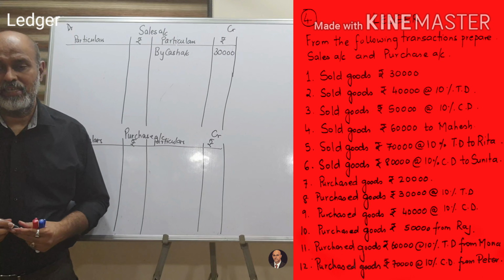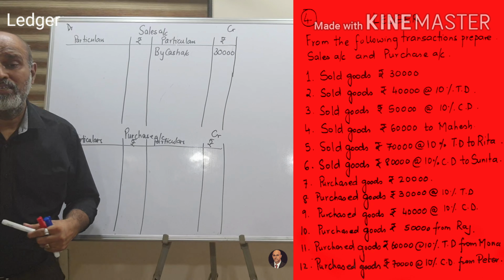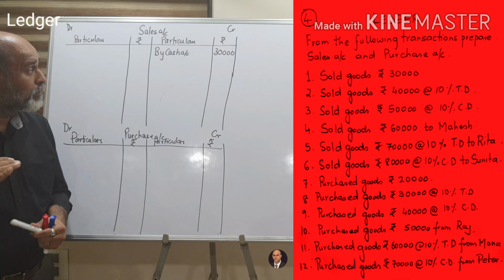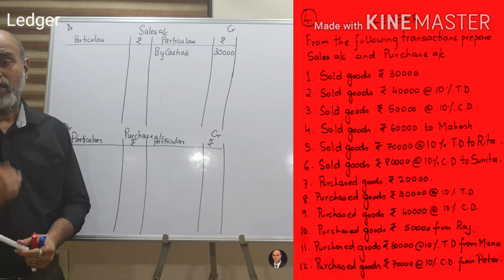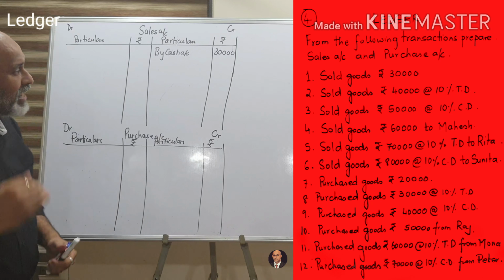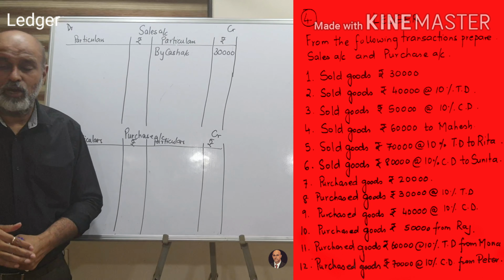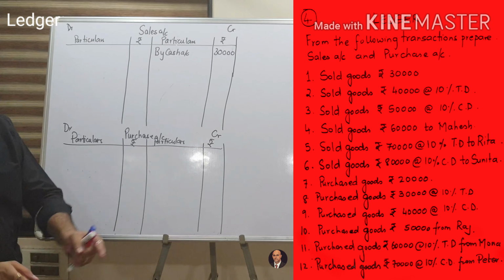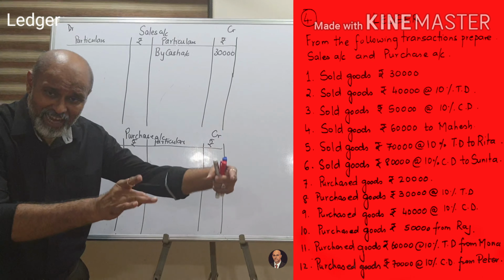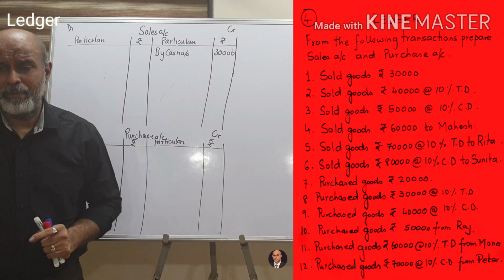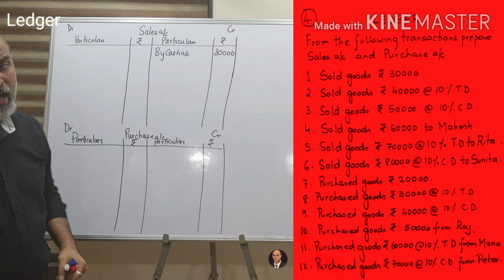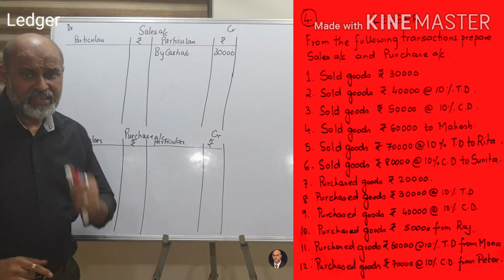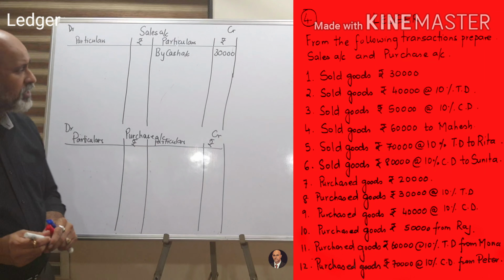The next entry tells sold goods rupees 40,000 at 10% trade discount. Here I have to calculate the trade discount, because trade discount, if you remember, is calculated both on cash basis as well as credit basis. So from 40,000 I am going to deduct 10% trade discount, which will be 36,000.